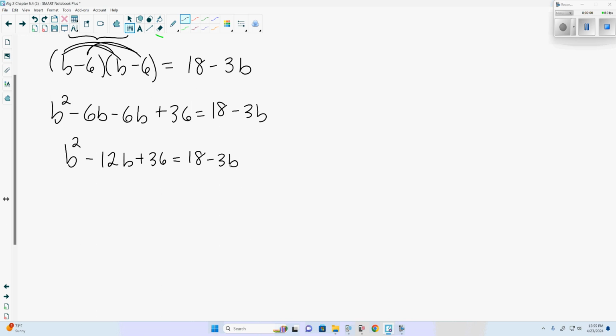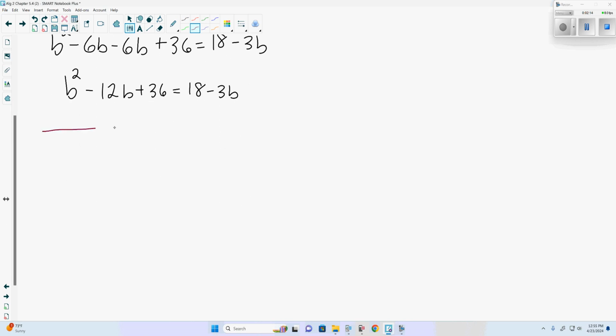Questions on this here? Since we have a variable being squared, we do have a quadratic, so we need to get this equal to 0. What's the first thing we can do? So we can subtract 18 or add 3b. We can do either one. We just need to pick one.